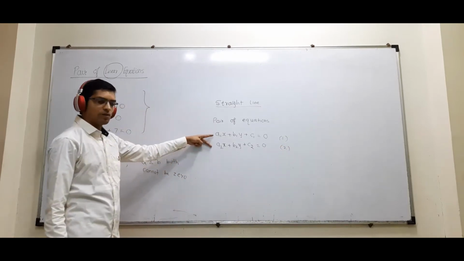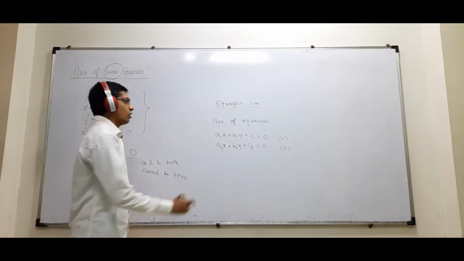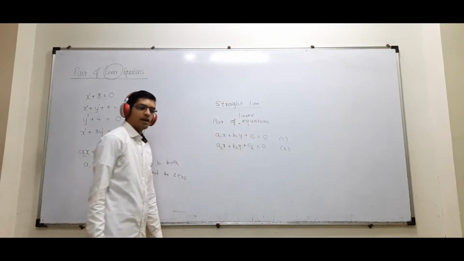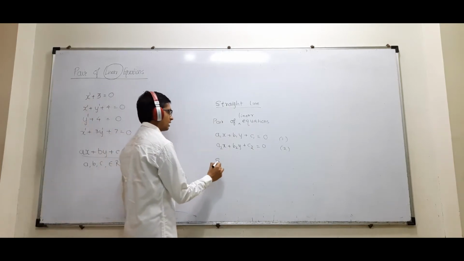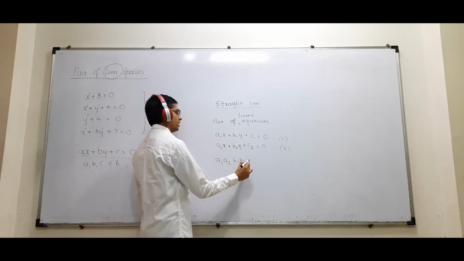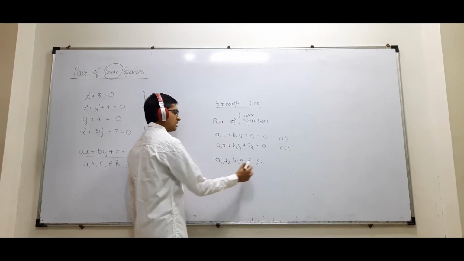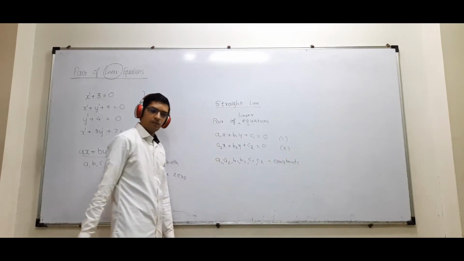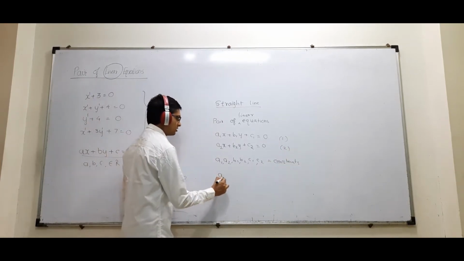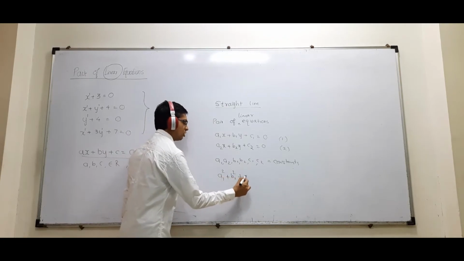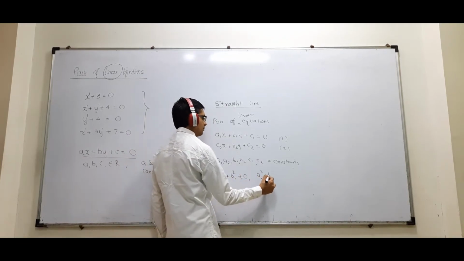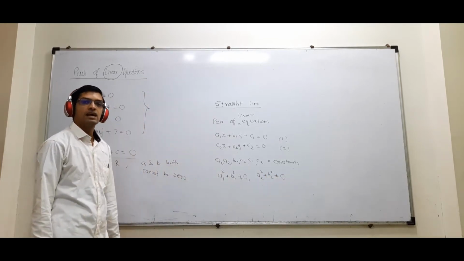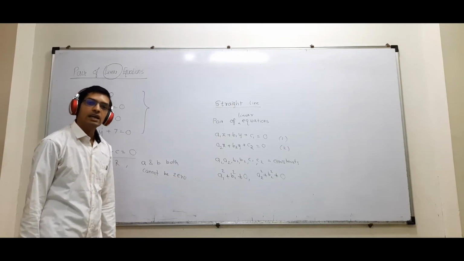If I use these two equations together, then they form pair of linear equations, where a1, a2, b1, b2, c1, c2 are nothing but constants, or you can say coefficients of the corresponding variables. Also a1 square plus b1 square cannot be 0, a2 square plus b2 square cannot be 0. And such two equations are called as pair of linear equations.